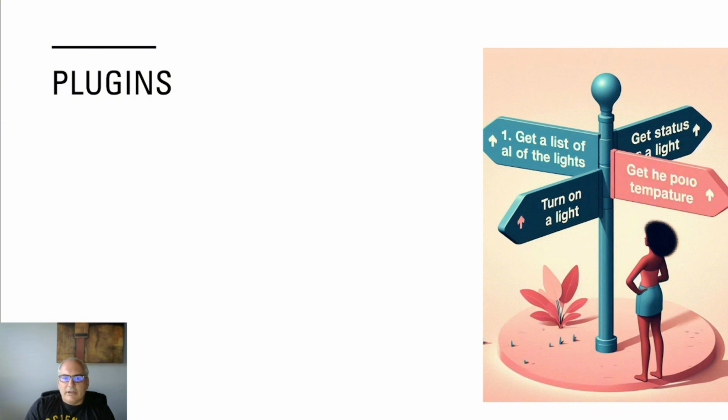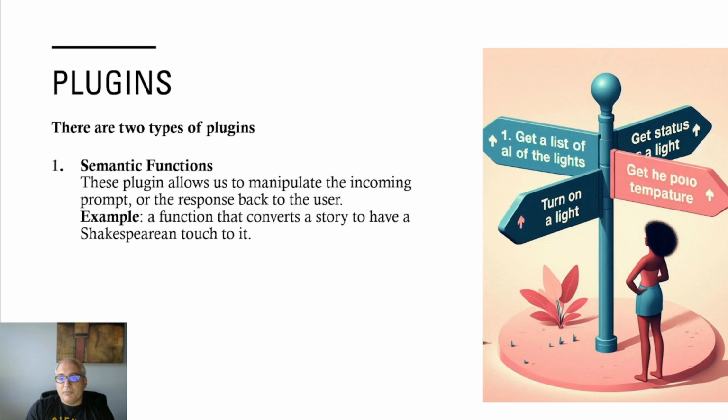Plugins are an optional but often very important aspect of the semantic kernel. When we talk about plugins, there's really two types of plugins. As I said in the previous video, there's a lot of different interchangeable words. Plugin is usually the general container that holds other functions related to that plugin. And we'll see more of that in a second.